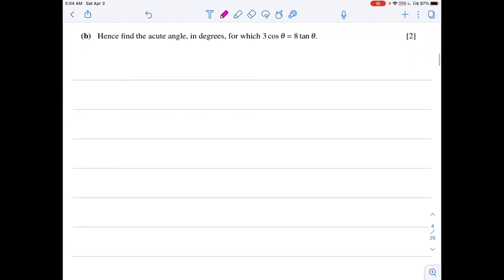Part B. Hence find the acute angle in degrees for 3 cos theta is equal to 8 tan theta. For this, the equation we just got was 3 sine square theta plus 8 sine theta minus 3 is equal to 0. Now this is a quadratic equation, so I am going to factorize it. 3 sine square theta plus 9 sine theta minus sine theta minus 3 is equal to 0.